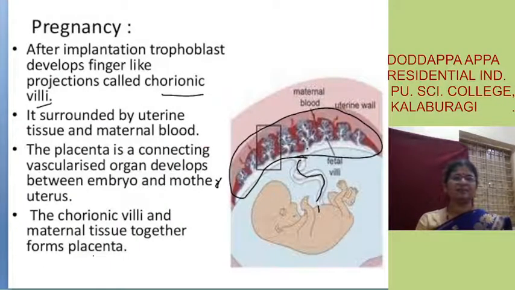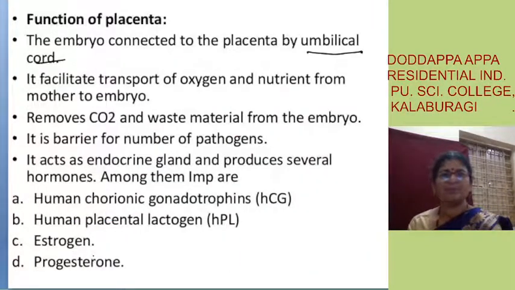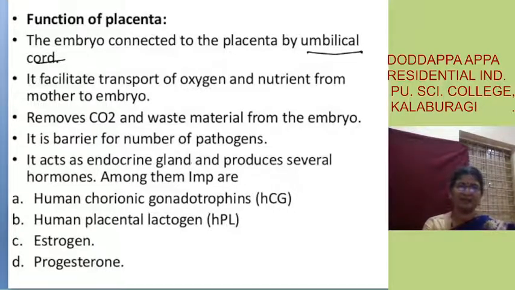Now pregnancy. Just now I went up. Functions of the placenta we were discussing. Sorry children. This umbilical cord connects the baby to the maternal tissue, and the placenta will help in the transportation of oxygen and nutrients from the mother to the embryo, and it will help in the removal of carbon dioxide and waste from the fetus through the maternal systems.